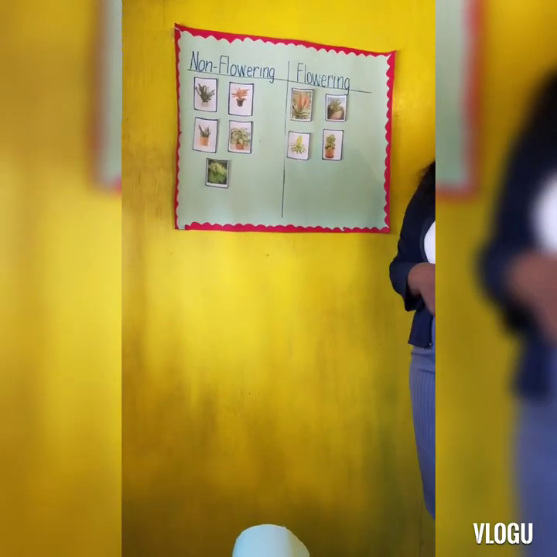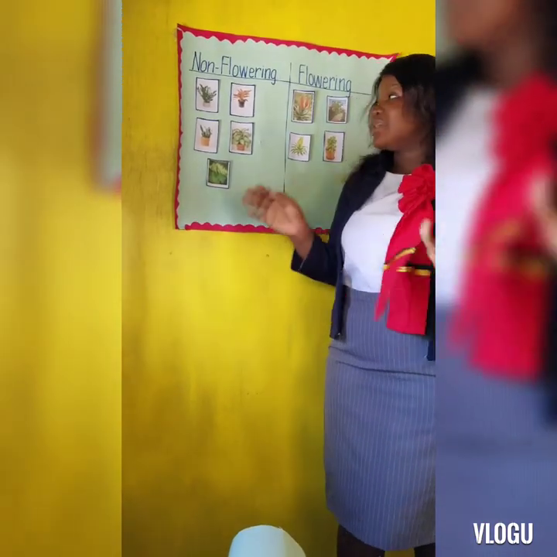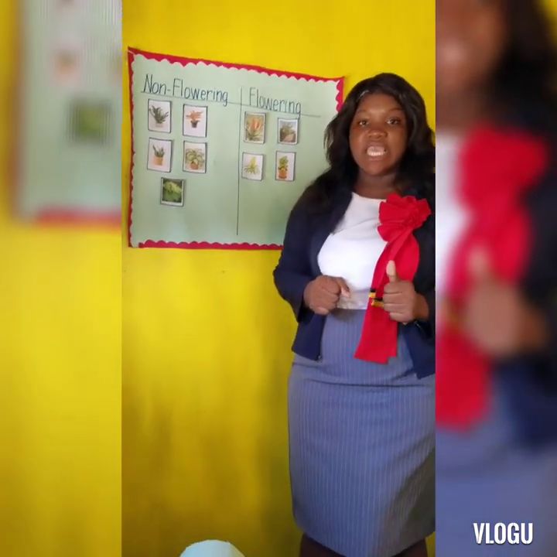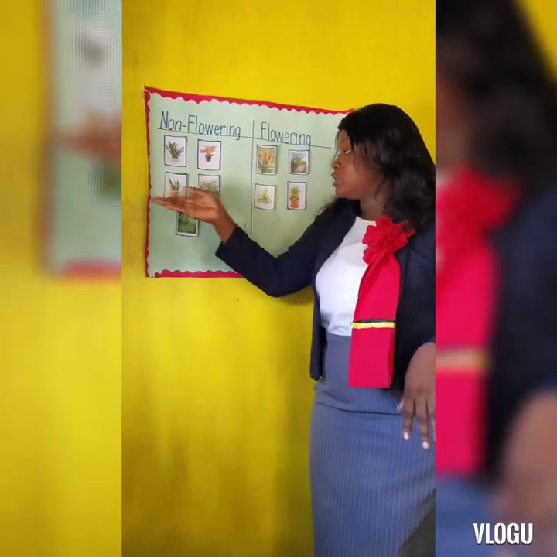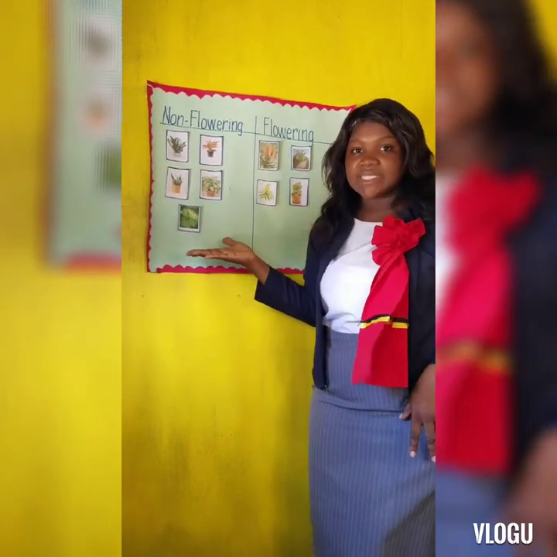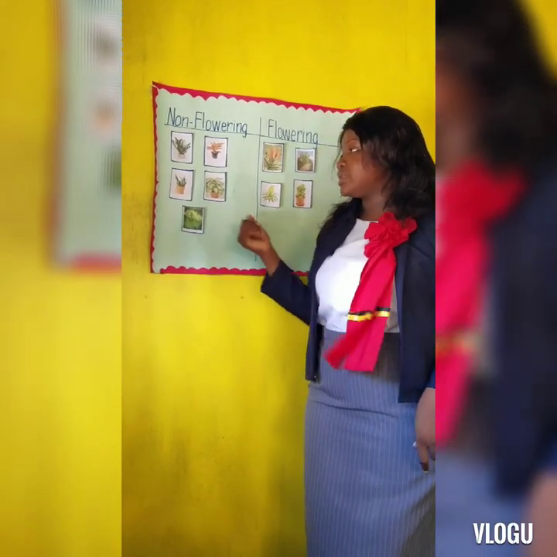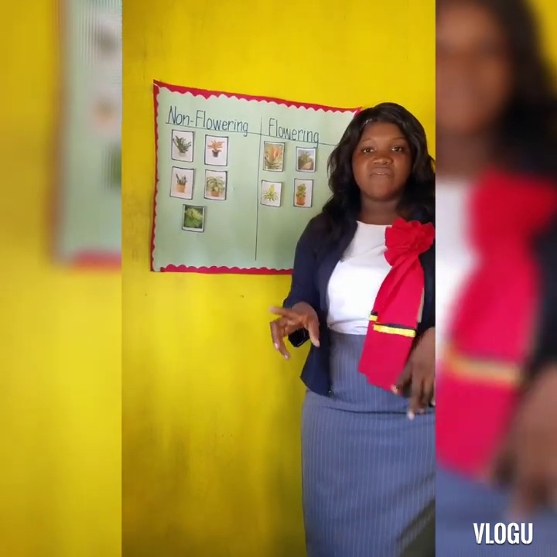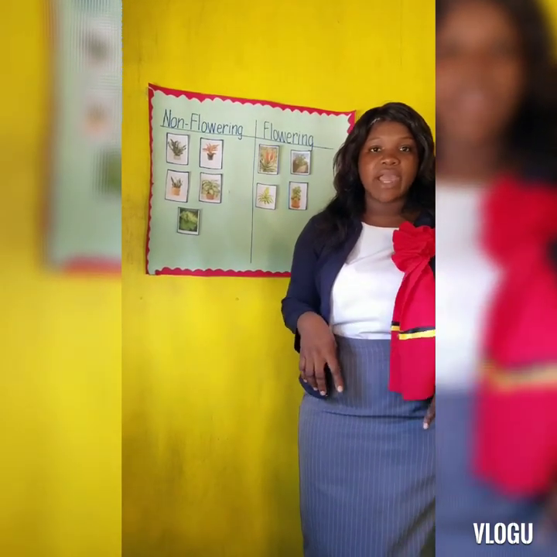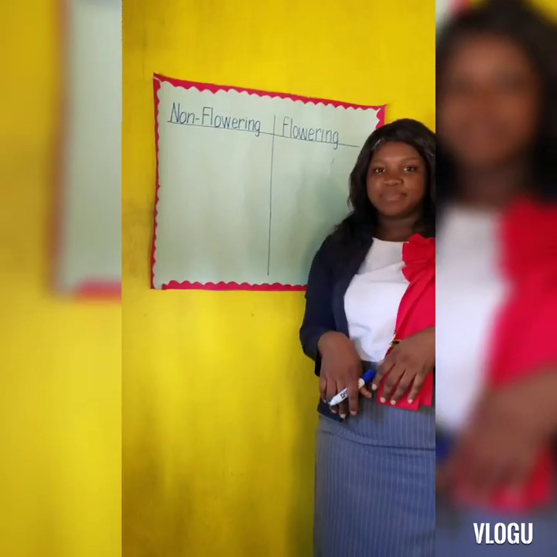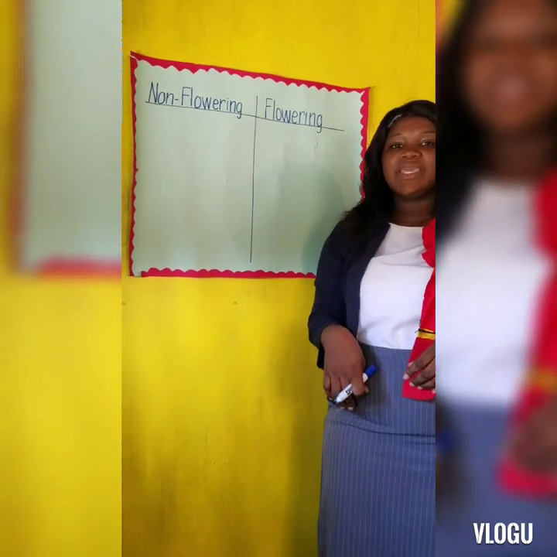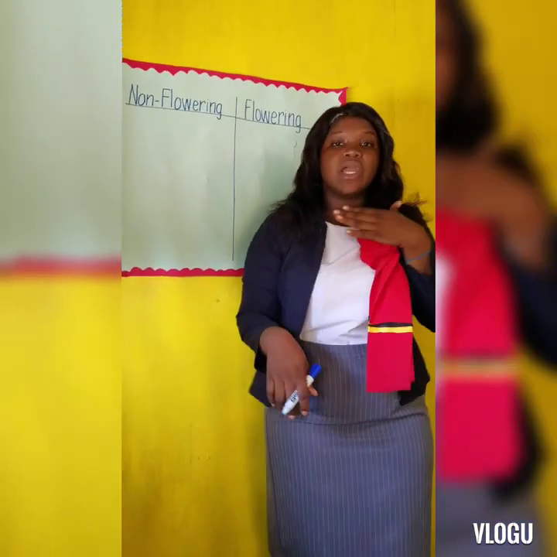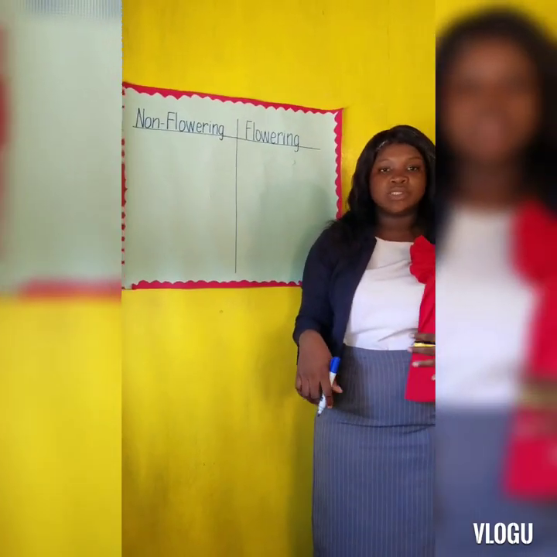Okay. Now let's try to see if we can list the differences. Now that we know how to identify them by saying which are flowering and which are non-flowering, let's see if we can list the differences of the 2 plants, right?